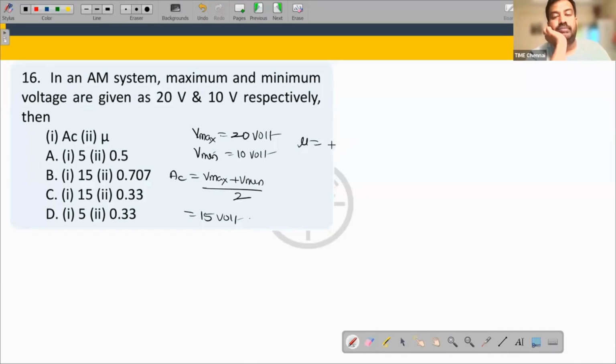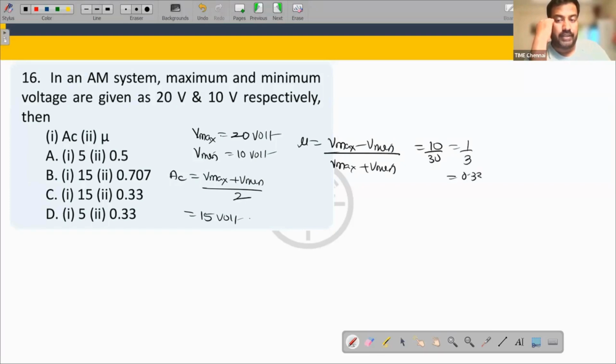Find mu. Mu is Vmax minus Vmin by Vmax plus Vmin. It's 10 by 30, 1 by 3, 0.333. 15 and 0.333. Option C is the answer.